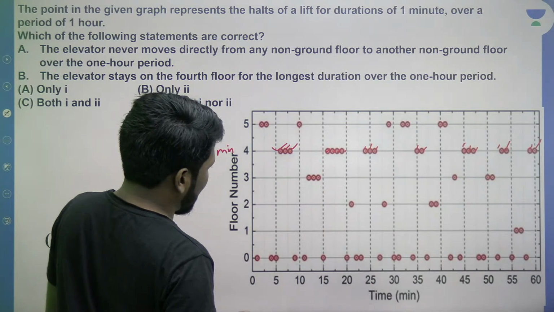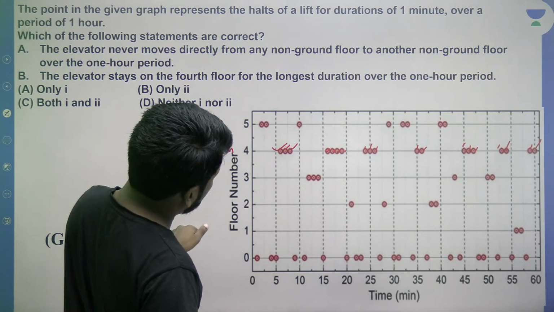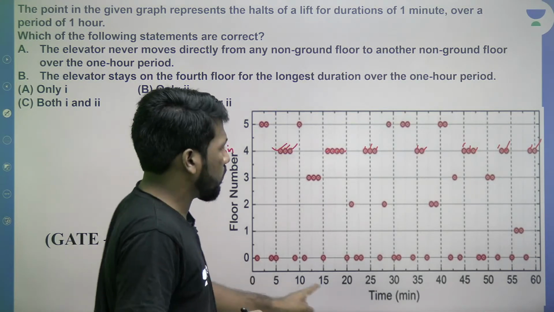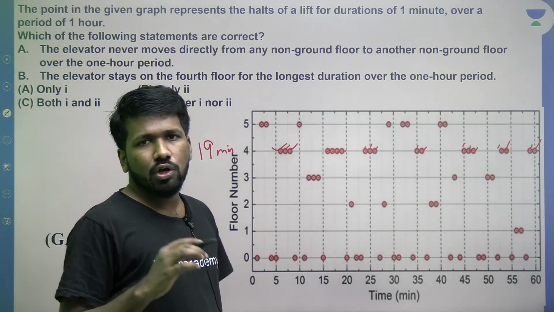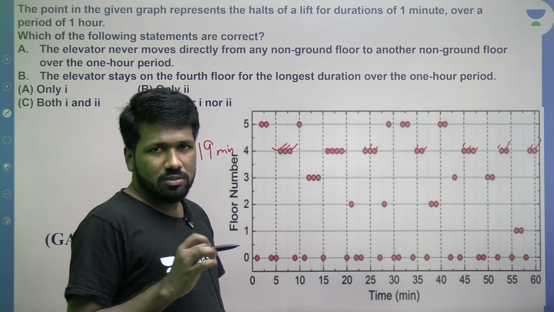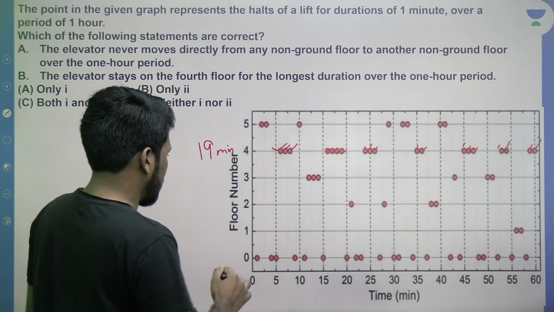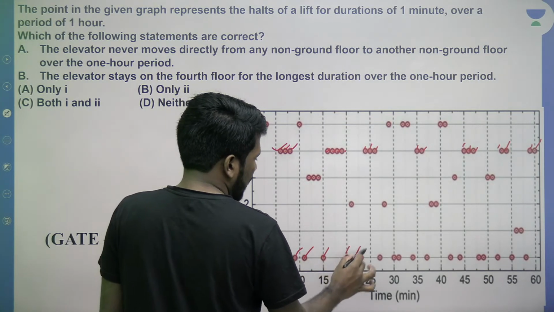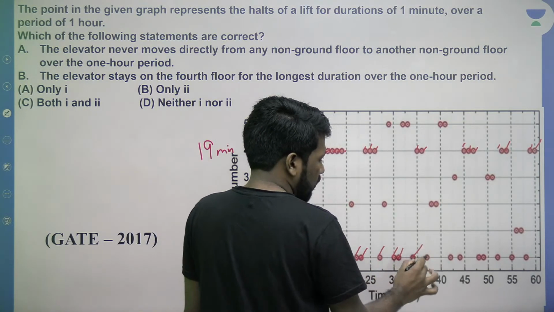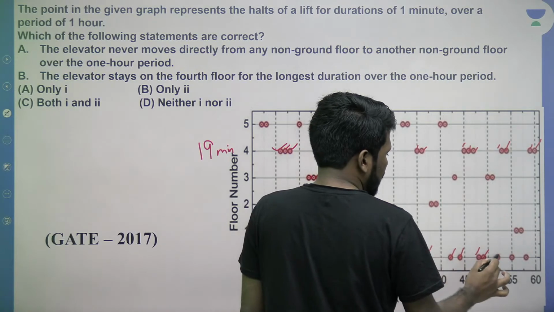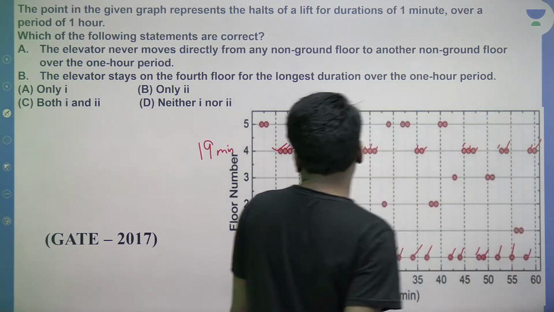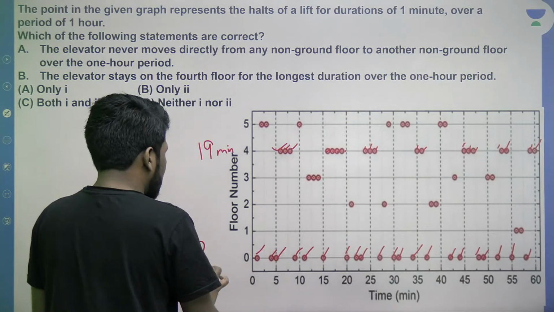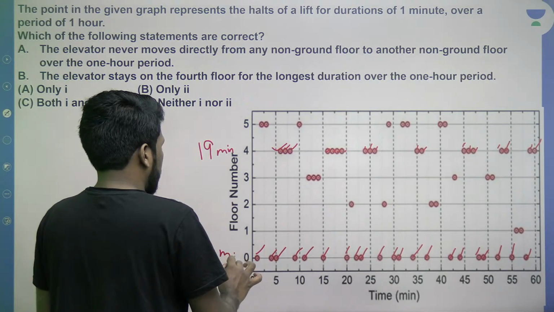Let's see whether 19 is the maximum. Looking at each floor, you can see that the 0th floor also has a good number of dots. Let us check. 1, 2, 3, 4, 5, 6, 7, 8, 9, 10, 11, 12, 13, 14, 15, 16, 17, 18, 19, 20, 21. 21 minutes it is on the 0th floor or ground floor.